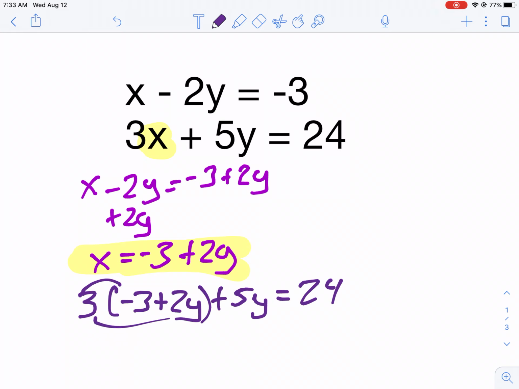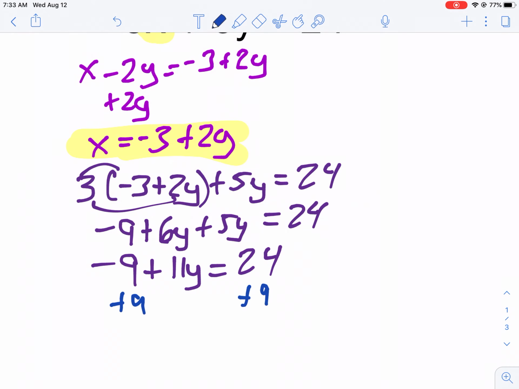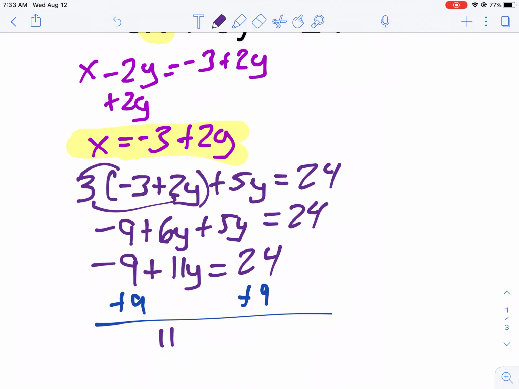So distribute. So we get negative 9 plus 6y plus 5y equals 24. Simplify. So we get negative 9 plus 11y equals 24. So we're going to add 9 to both sides. So then we get 11y equals 33.